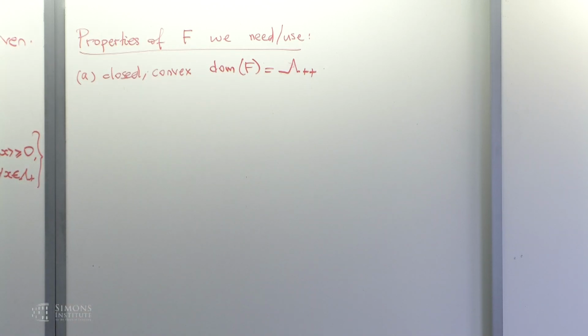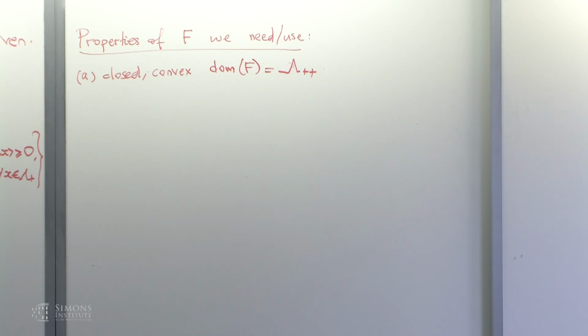And it has the property that if you take any sequence in the interior of the hyperbolicity cone that converges to a boundary point, the values of the function f tend to plus infinity. And you see from these definitions that on the boundary of the hyperbolicity cone, at least one of the eigenvalues, namely the smallest one, is 0.